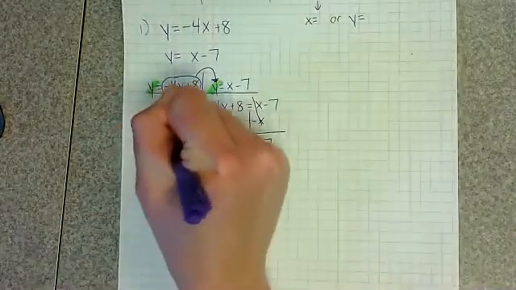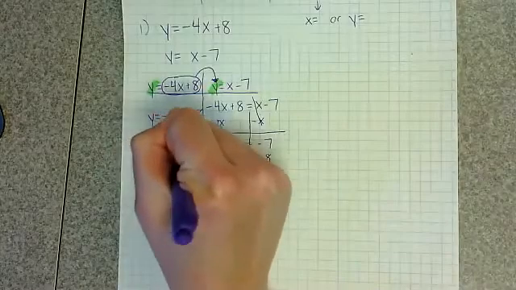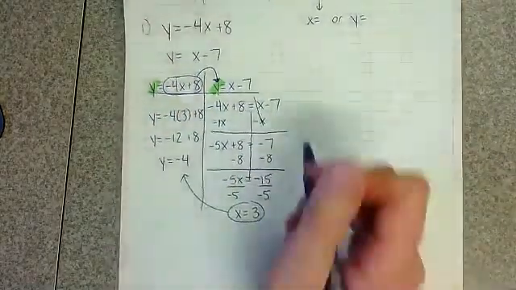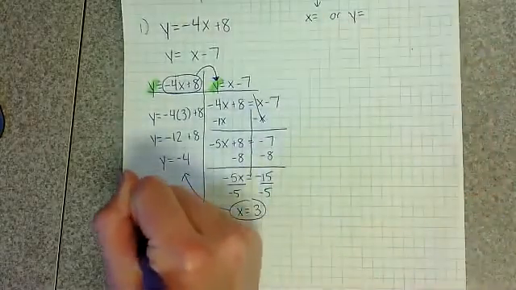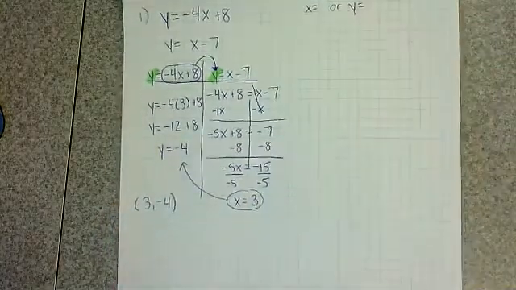And now you're solving for y. Because what I'm looking for is the ordered pairs at the end of this.